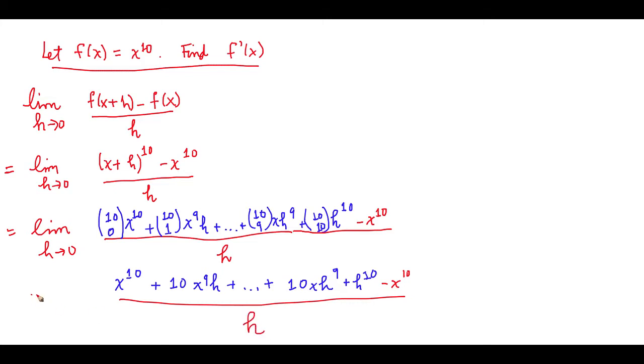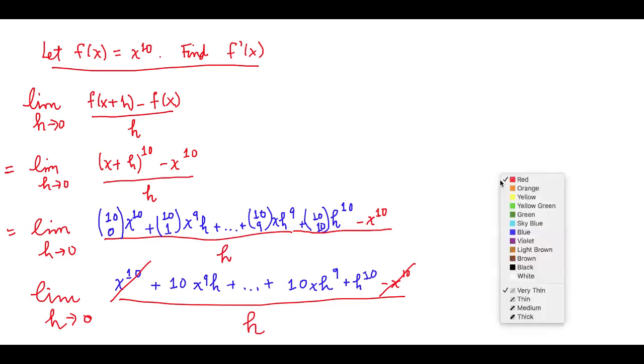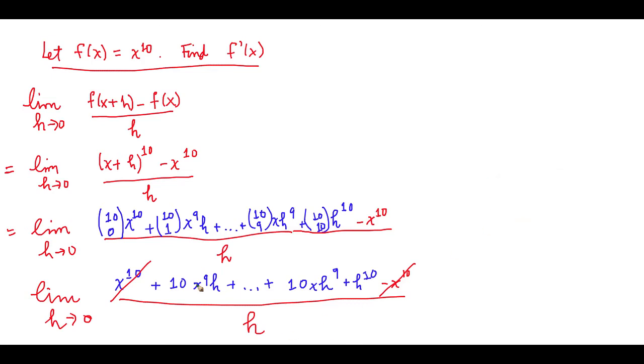So all of this, and we take the limit as h approaches 0. Well, some nice things happen here. x to the 10th and negative x to the 10th cancel. And really, that's about all that we can do, unless you consider the fact that every single one of these terms has an h in it.